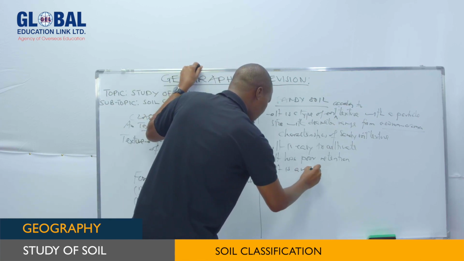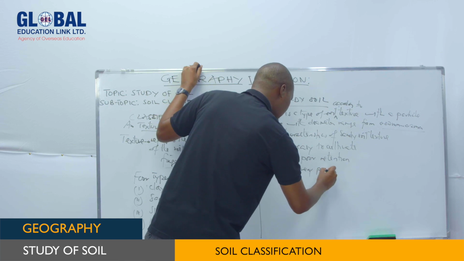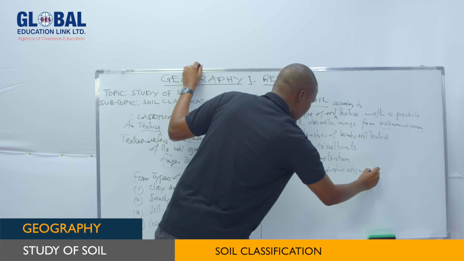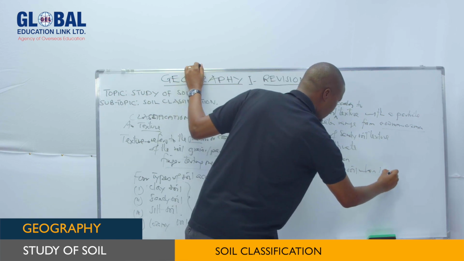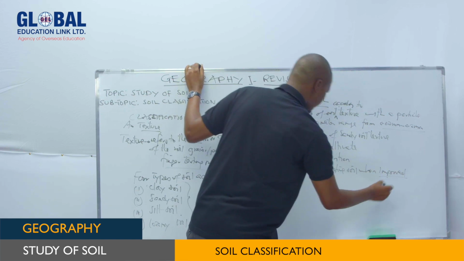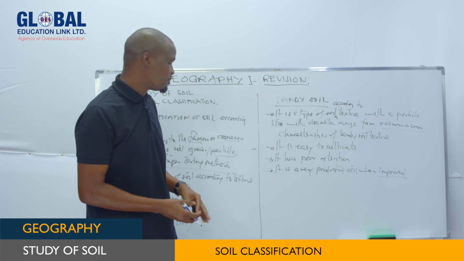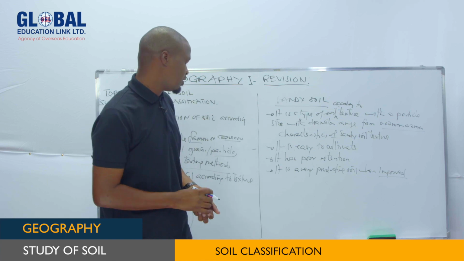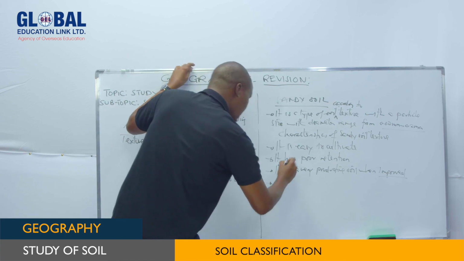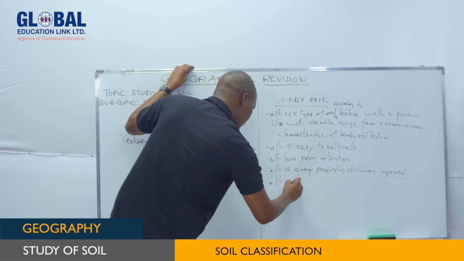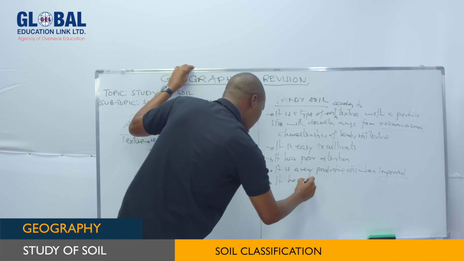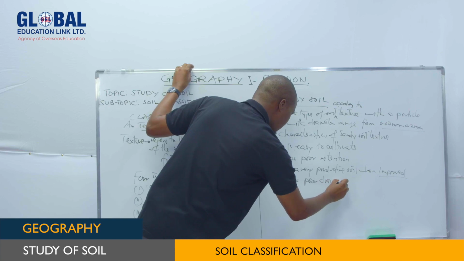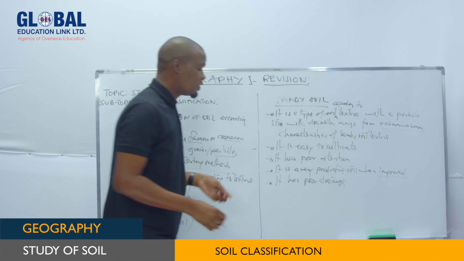It is a very productive soil when improved. See, when you use manure on the sandy soil, this type of soil becomes very, very fertile soil. Then we say it has poor drainage.